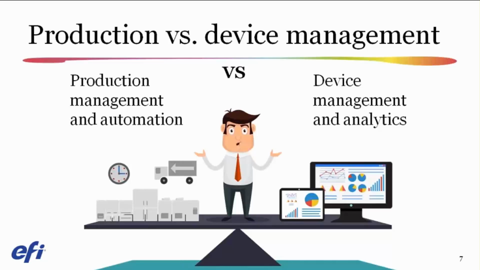On the other side, the focus of our talk today, device management and analytics, really zero in on, am I being efficient? Am I running my investment in my copiers to maximize my revenue? Are my operators doing the right thing? My consumables? So keep that picture in mind.